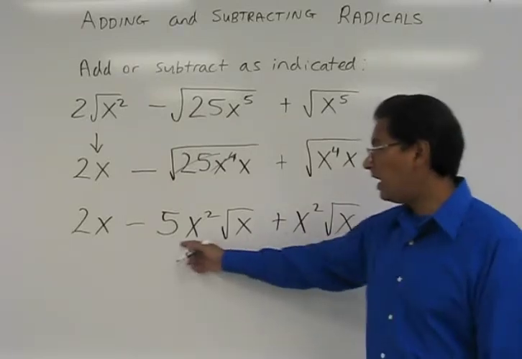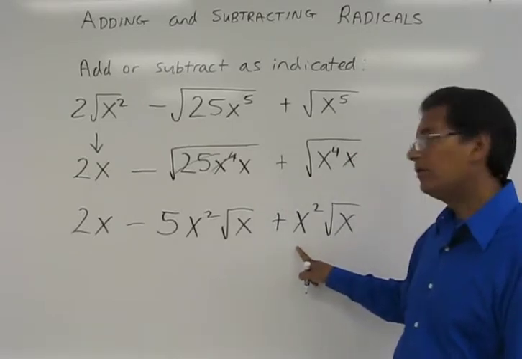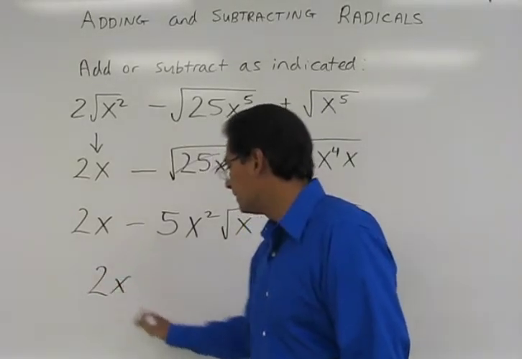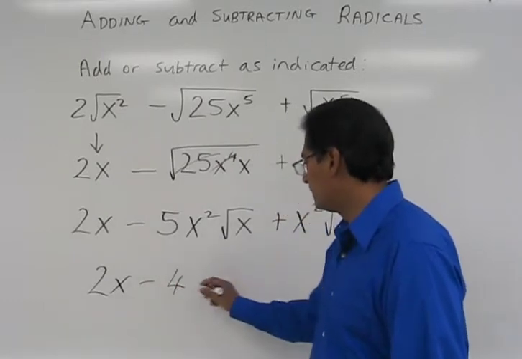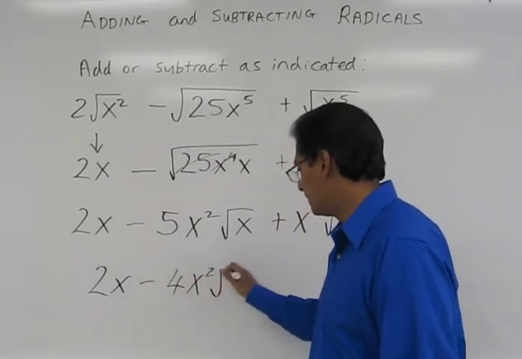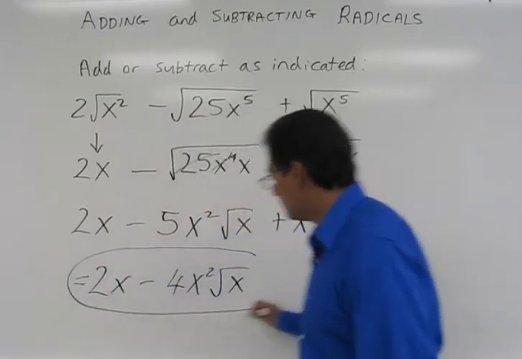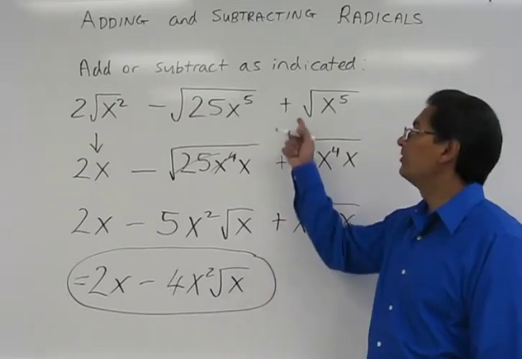So we have 5 of these, a negative 5, and then we're going to add 1 of these. So negative 5 plus 1 will give me negative 4. So we'll have 2x minus 4 times x squared root x. And that's as far as we go with this expression. But that's the simplified version of this expression up here.